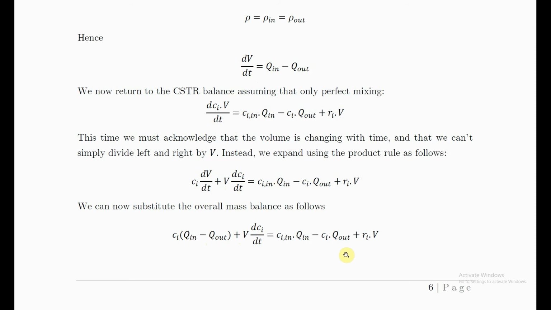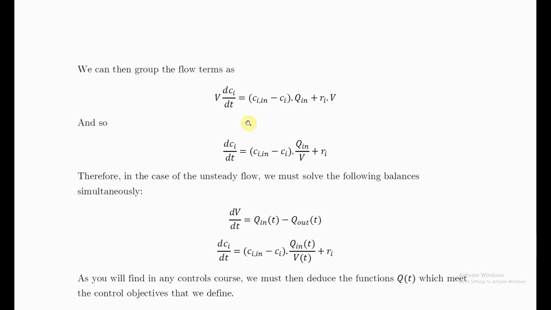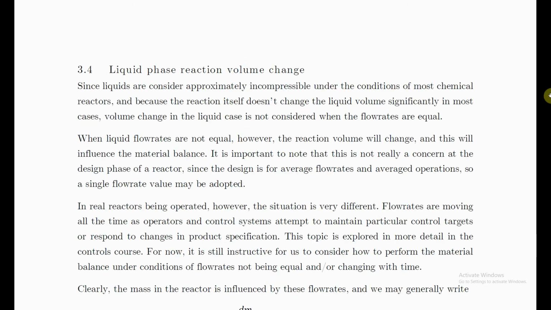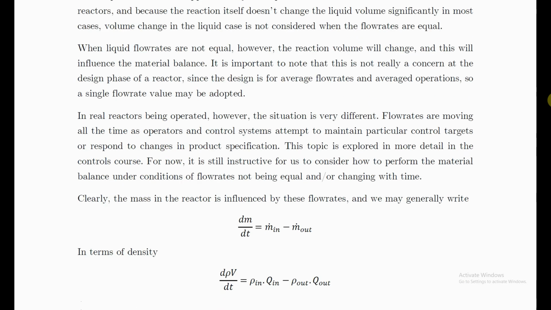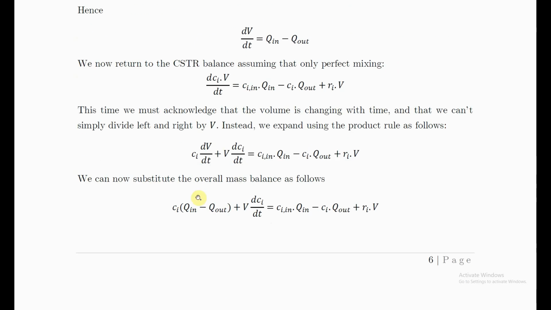If you look at this term compared with these terms, there are some common factors: you've got Q in and Q out. So let's try grouping in terms of Q in and Q out. If you group for Q in, you're going to get Ci in minus Ci, if you take that Q in term across here.